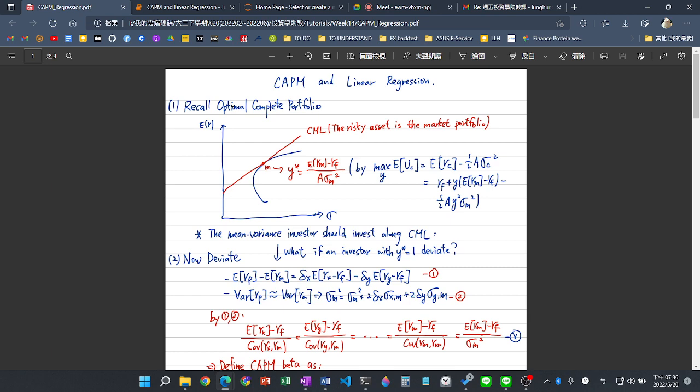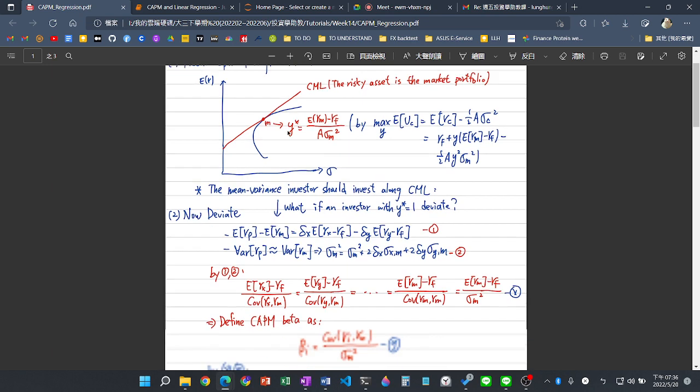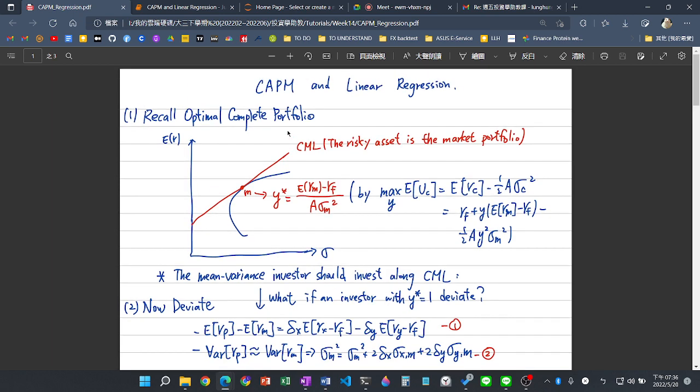Okay, so first, recall from the last tutorial, we talked about the optimal complete portfolios. It argues that individual investors will choose between risky assets and risk-free assets. Essentially, they allocate their funds between these two assets to maximize their expected utilities.